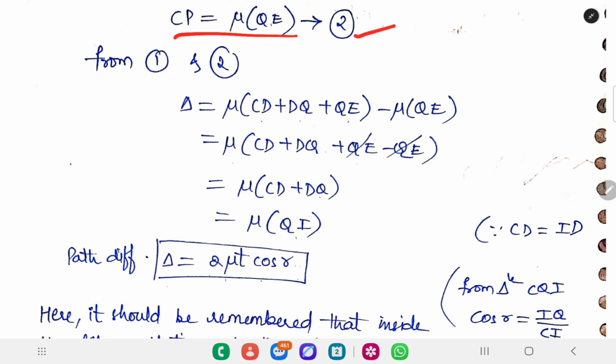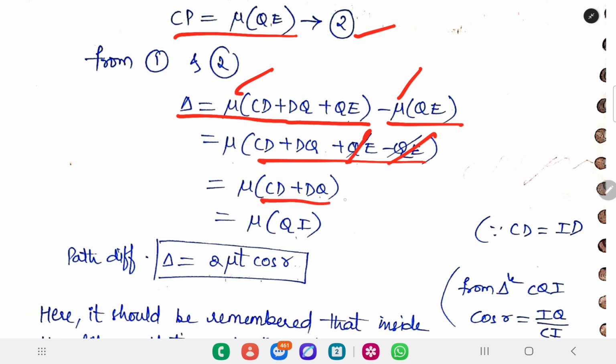Let that be equation 2, and substitute in the first equation: delta equals mu CD plus DQ plus QE, minus mu QE. Taking mu common, QE cancels, leaving CD plus DQ. From the diagram, CD plus DQ can be written as QI.